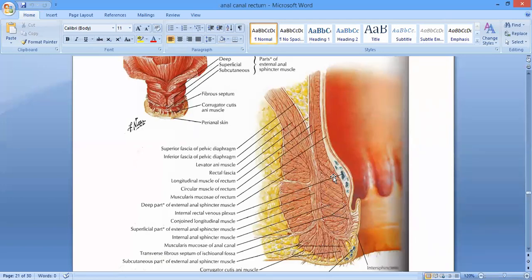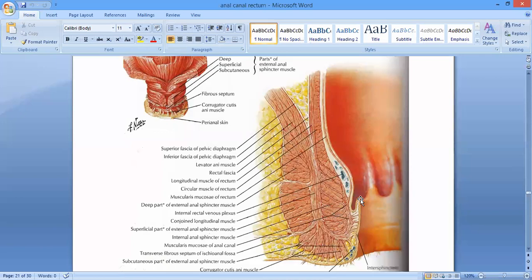Sometimes we have to perform this if the patient comes to you with complaints of bleeding and hemorrhoids, then you have to perform a PR examination, a per rectal examination. On that, you push your finger inside and feel whether there is any mass or any fissure.